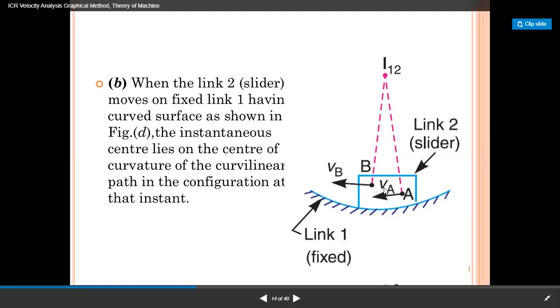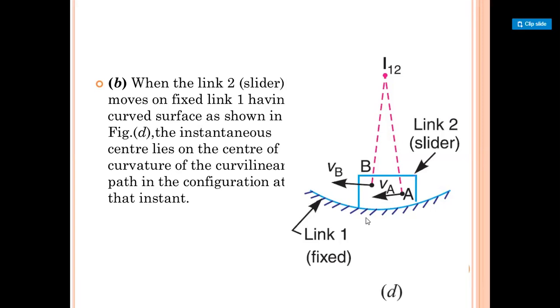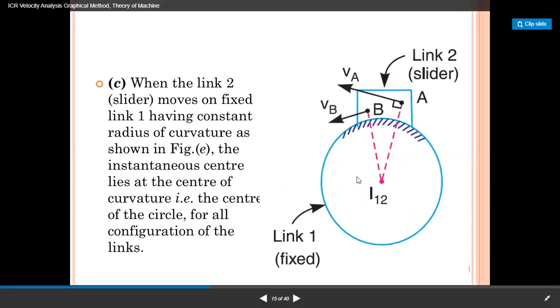If the slider slides on the outside of the circle, then also the instantaneous center lies on the center of curvature of the path. This is the second example. For a slider sliding on the outside surface of the circle, the instantaneous center is at the center of curvature of the path, right?